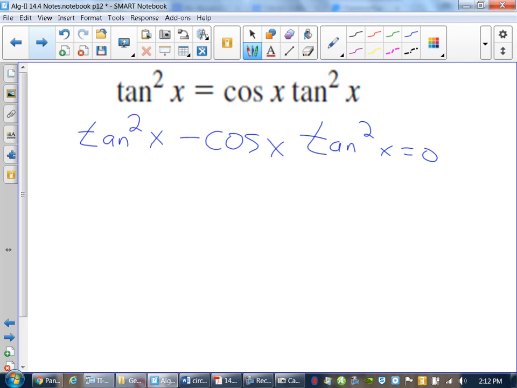No, this will work. Tangent squared x minus cosine times tangent squared x. What do those two things have in common? Tangent squared. Since they have tangent squared in common, I'm going to factor out a tangent squared. Think of it as GCF.